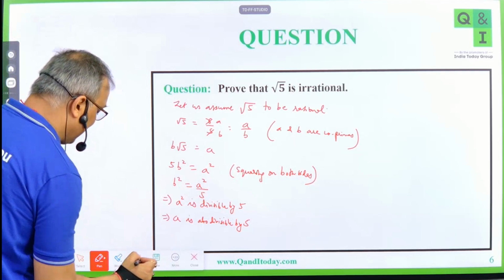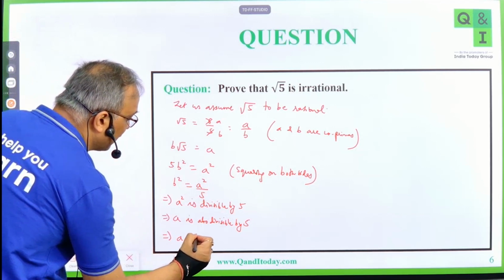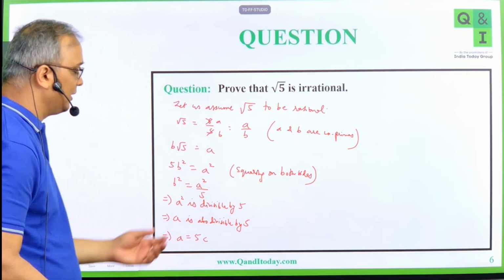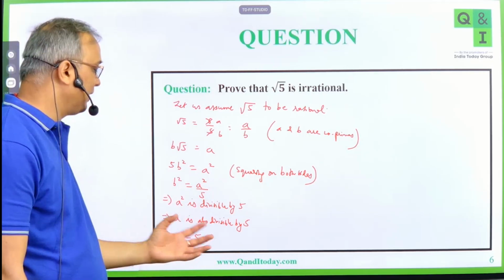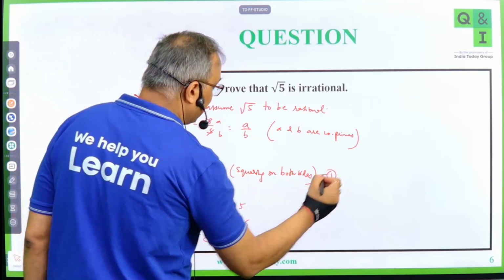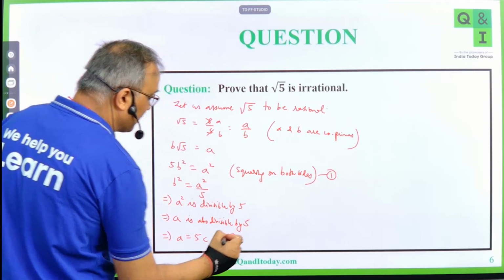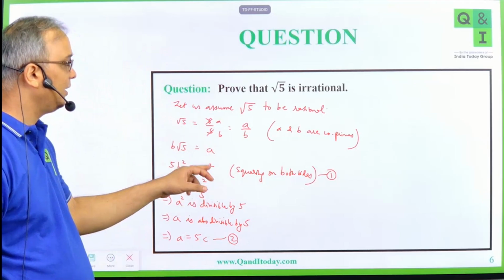Now since a is divisible by 5, we can write a equal to 5 times c, because a is divisible by 5 means 5 is a factor of a. Let's say this is your first equation and this is your second equation. We substitute the value of a from equation 2 in equation 1.